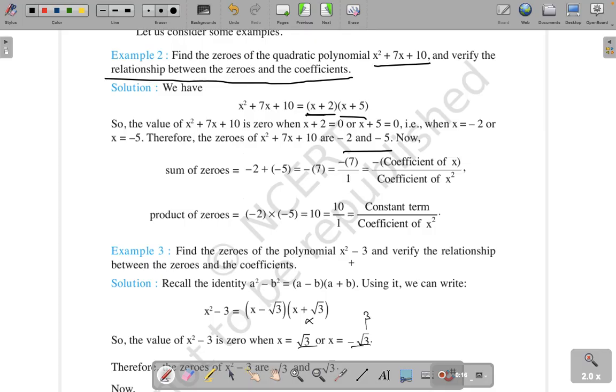And then you have alpha beta. Here you already know alpha and beta, so you don't have to go through this route. You just multiply and cross check, because it is asking to verify the relationship.